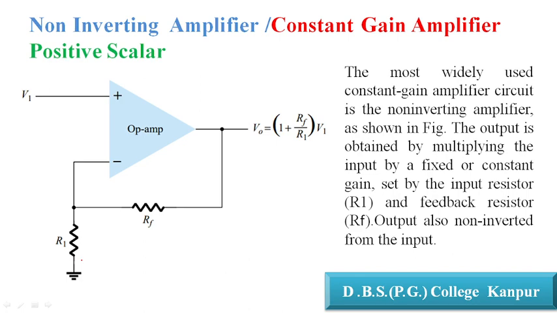The most widely used constant gain amplifier circuit is the non-inverting amplifier, as shown in the figure on the left side. The output is obtained by multiplying the input by a fixed or constant gain, set by an input resistor and a feedback resistor.